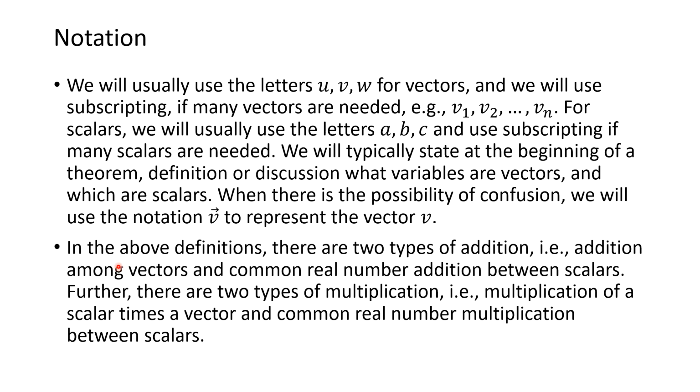And then the other thing I wanted to mention is there's 2 types of addition. So you can add scalars together, and you can also add vectors together. Hopefully that's clear from the context. I'll try to point it out if I think it may not be clear. And the same issue was multiplication. You can multiply a scalar times a vector to make it longer or shorter, basically scaling it, which is why the term scalar is used.